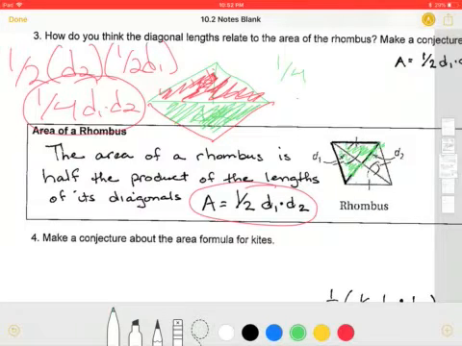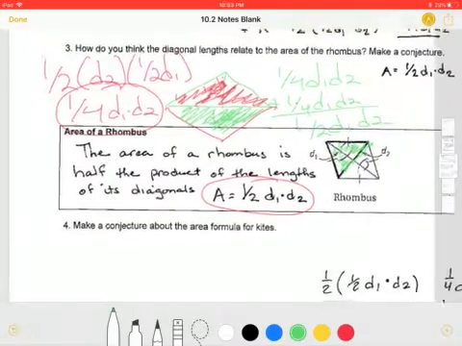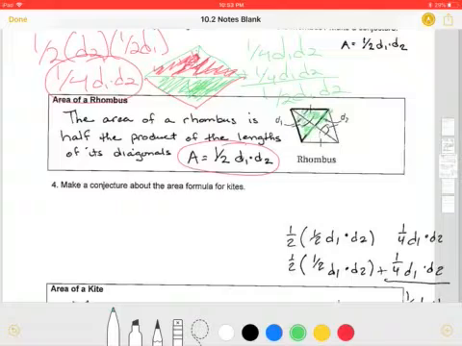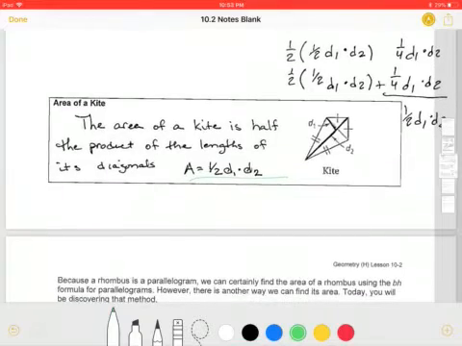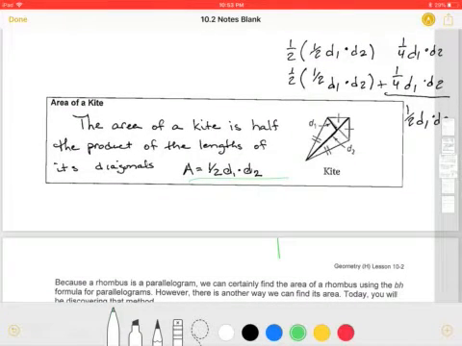Because if you add those, you get 1/2 D1 D2. A little bit of theory on that. We're actually able to say the same thing about the area of a kite, which is awesome. Makes our life a lot easier. Also uses 1/2 D1 times D2. All right, great. Let's keep it moving.